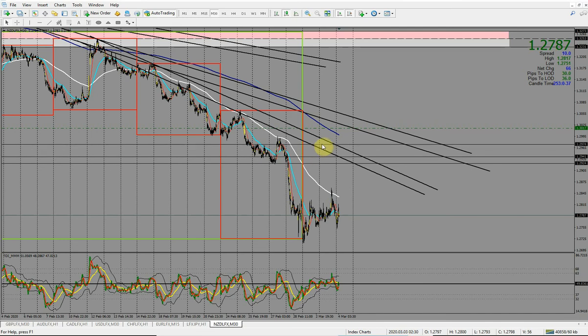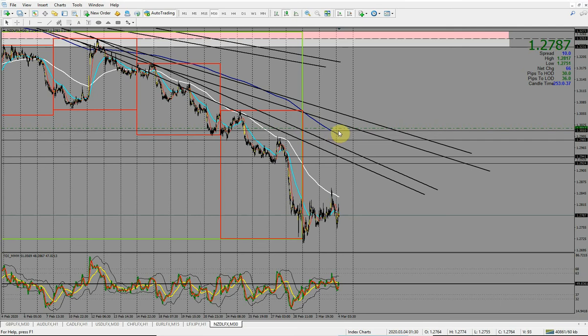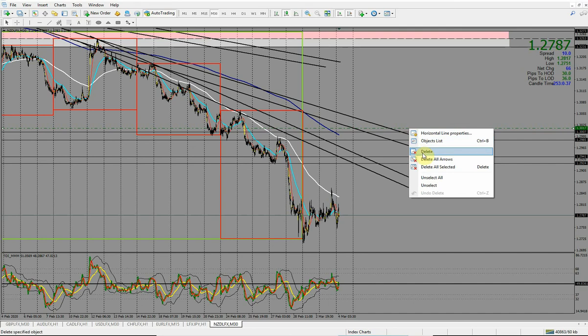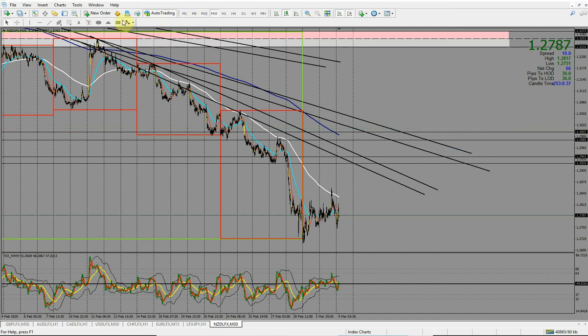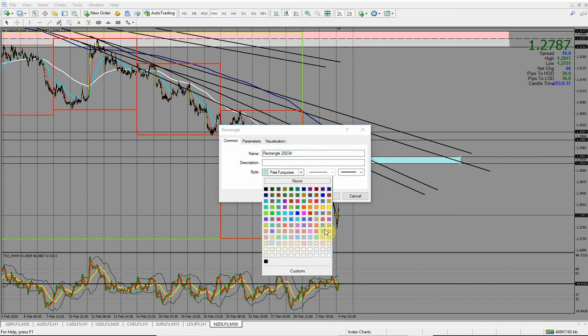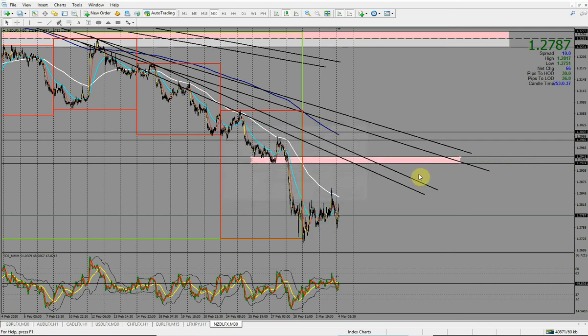Okay, and also here. So I have these two areas here. This one, first and foremost. Change that color into pink, and that one over there.